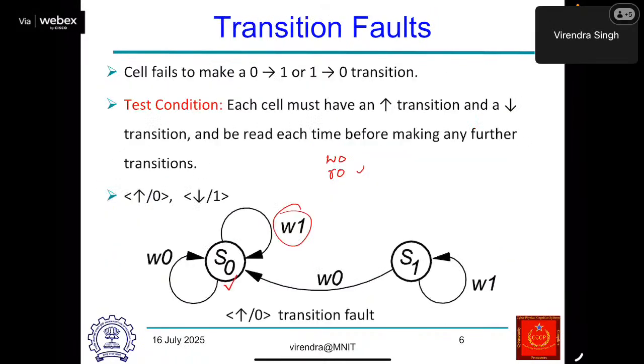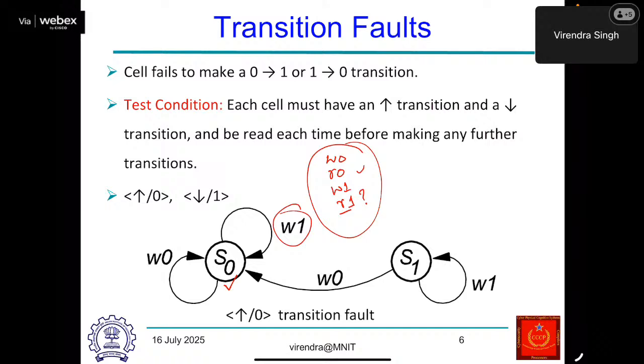And therefore what I need to do is I will write 1, and then check whether this is returning the 1 or not. And if I apply this test, in that case this test can test this particular fault.